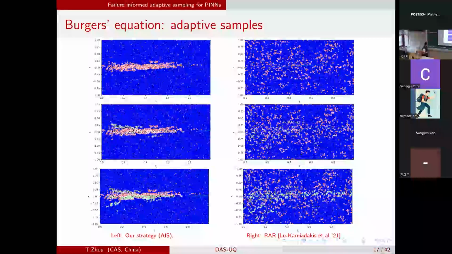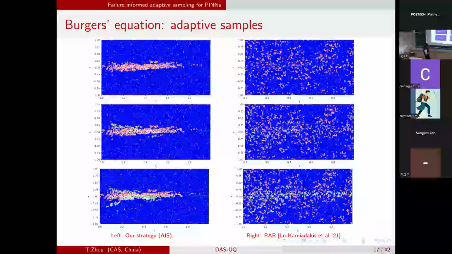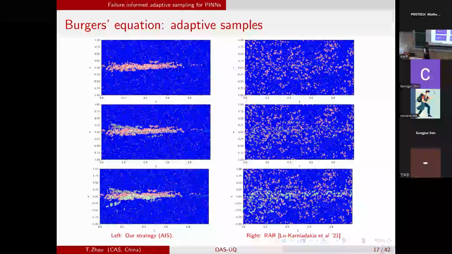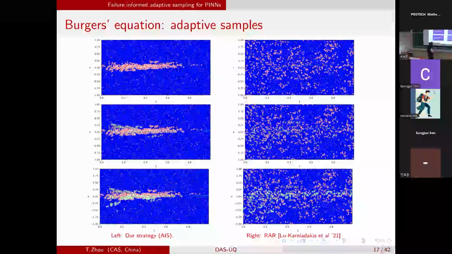And this is for comparison, the RAR method by George. You can see that the background points are very small. You still begin with uniform points, but in each iteration you also choose some points from a uniform distribution. After the first iteration, you add some red points here.